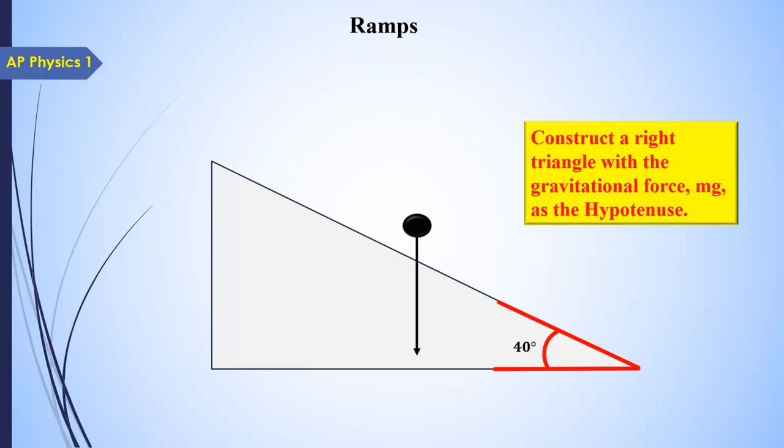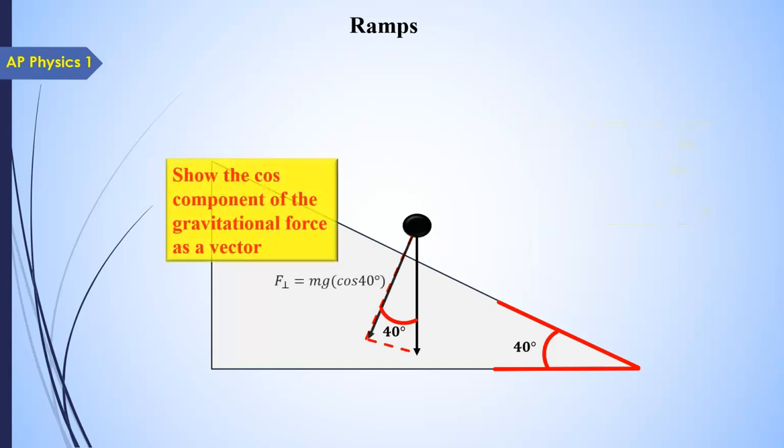Alright, so construct a right triangle with the gravitational force mg as the hypotenuse, so that's what you see right there. And then we form the right triangle, and there it is at 40 degrees. Now we're ready to place our vectors. Show the cosine component of the gravitational force as a vector. There it is.